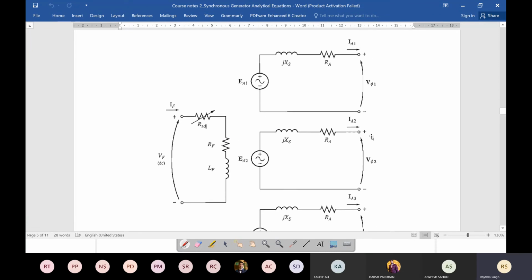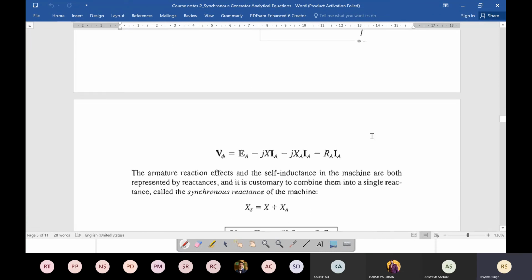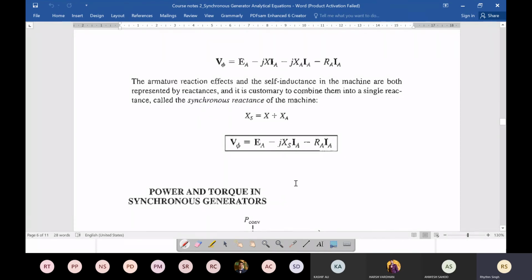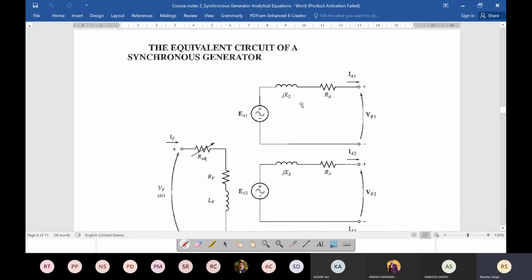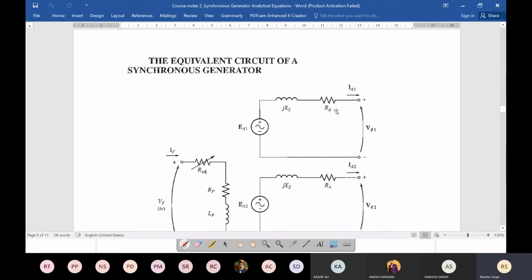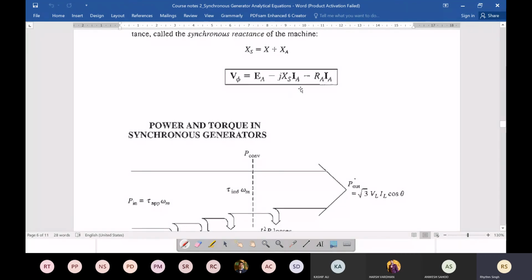And usually these machines will be having a balanced system of voltages and currents, so usually the analysis goes in per phase values only. So this was the equation. If you recall, well and good. If not, you can always draw this small, simple equivalent circuit. Even if you draw this much, that is sufficient for analysis. So VT is nothing but EA minus jXS minus IA RA. That is what it is.